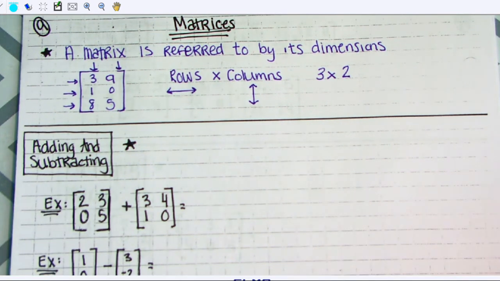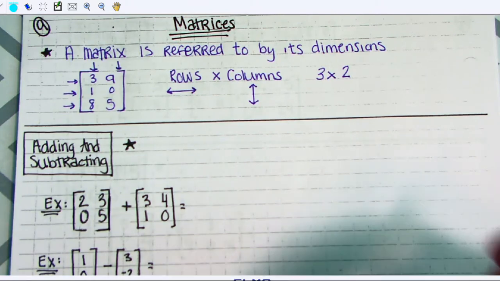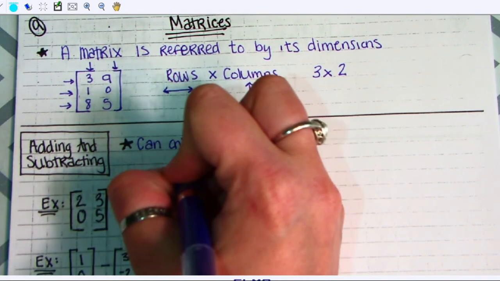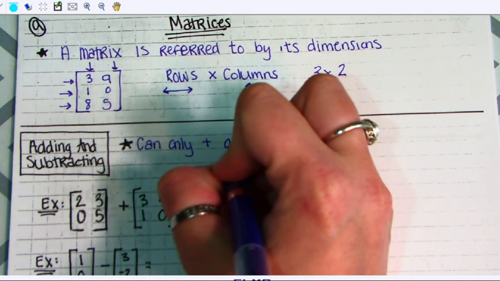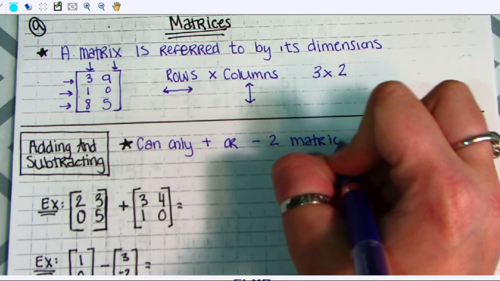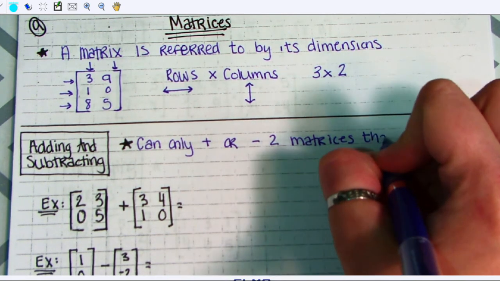The only rule that has to happen when we are adding and subtracting is that the dimensions have to match. So as long as the dimensions match, the matrices can be added or subtracted. The most important thing is that you can only add or subtract 2 matrices that are the same dimension.